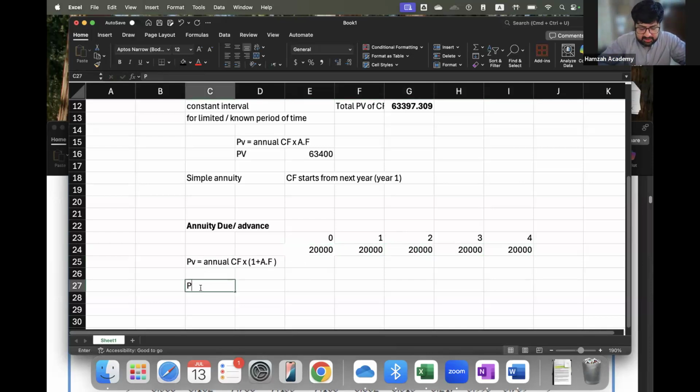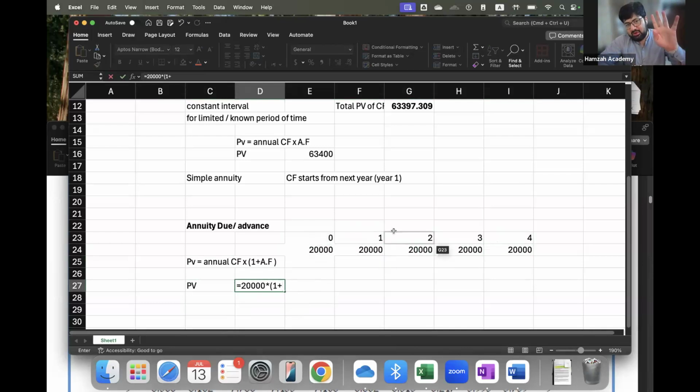So now the present value is equal to annual cash flow, 20,000 into 1. This is discount factor for year 0 cash flow, plus now 1, 2, 3, 4, the 4-year annuity factor. We know that that is 3.170. And here it is.